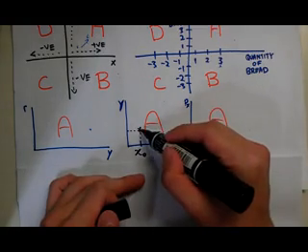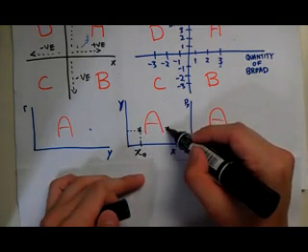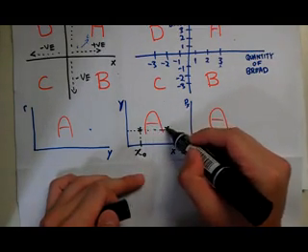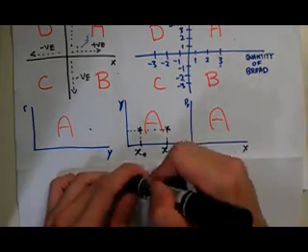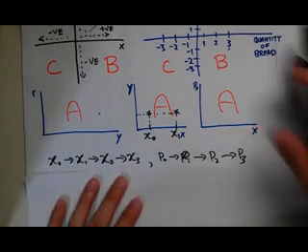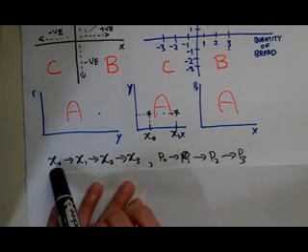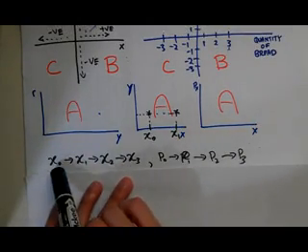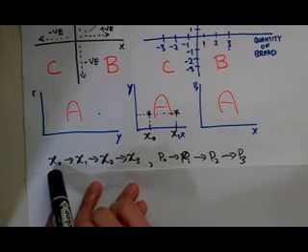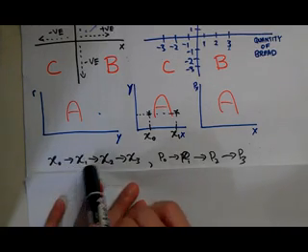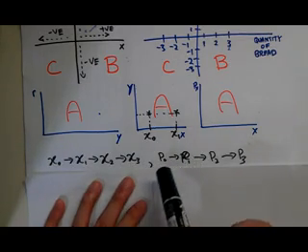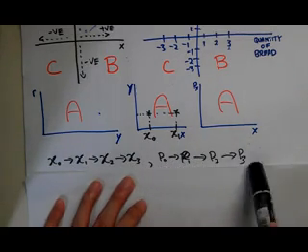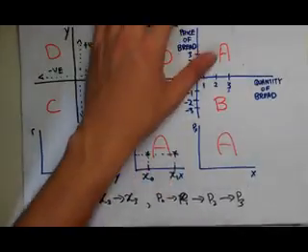If this point shifts somewhere here, we give it another name, x1. So the initial point is going to be called x0, and then when it moves, it's going to be x1, x2, x3. As for other variables, it will be the same: p0, p1, p2, p3. So that's for graphs.